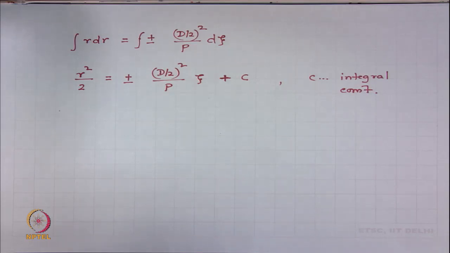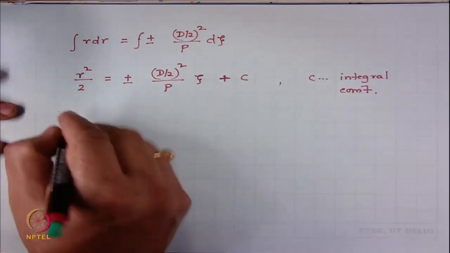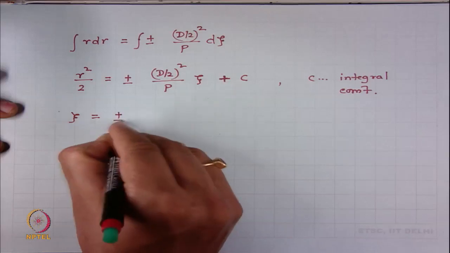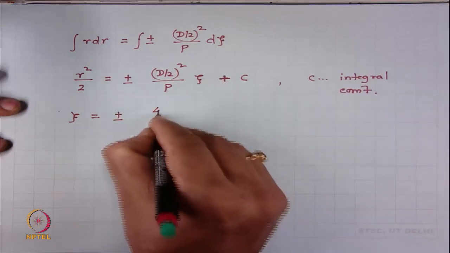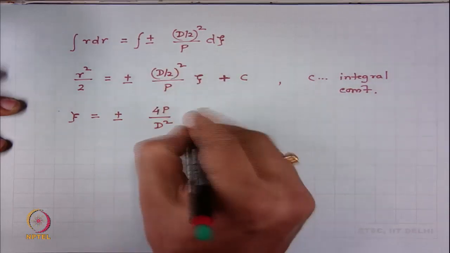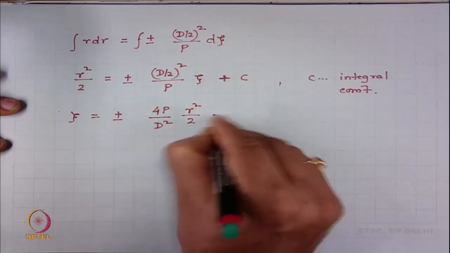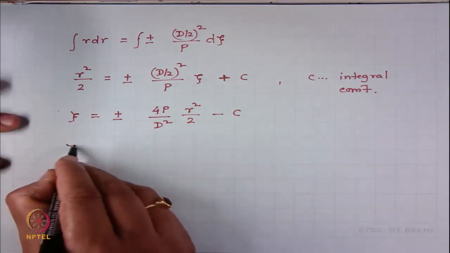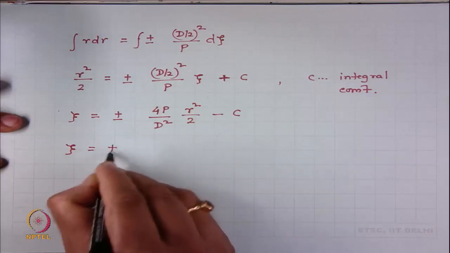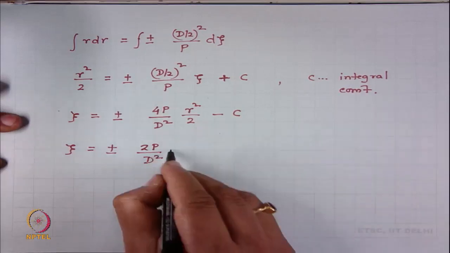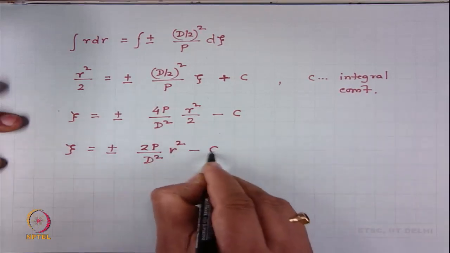Right. So, what is zeta? Zeta is equal to plus minus 4p by d square, r square by 2 minus c. Further, we can write is equal to plus minus 2p by d square into r square minus c.